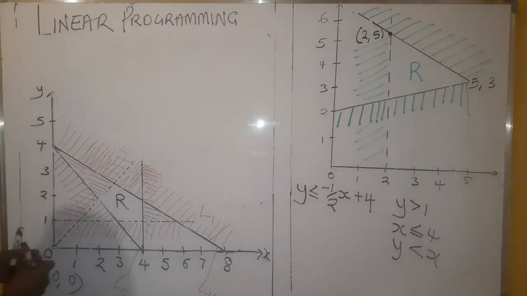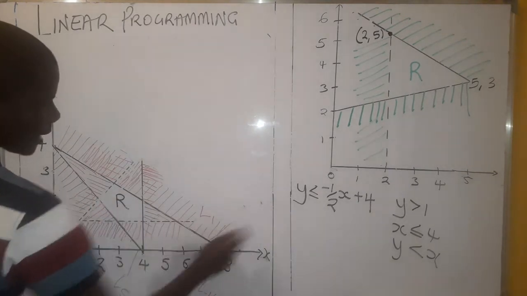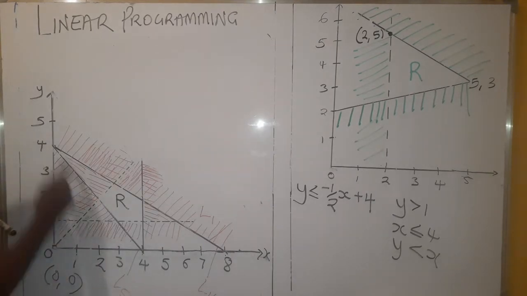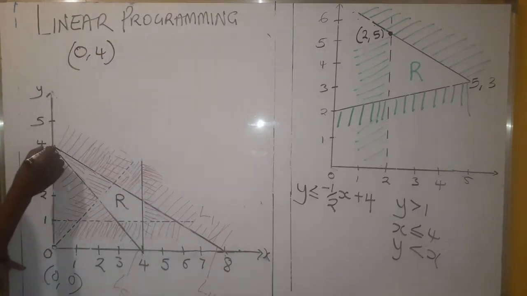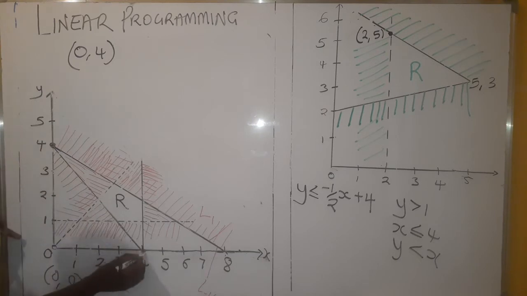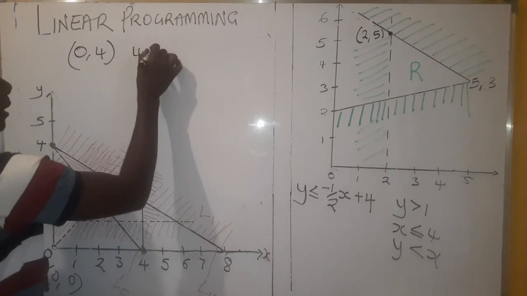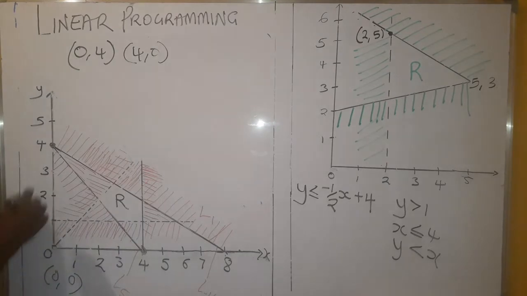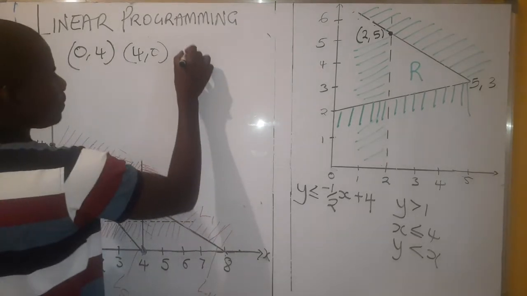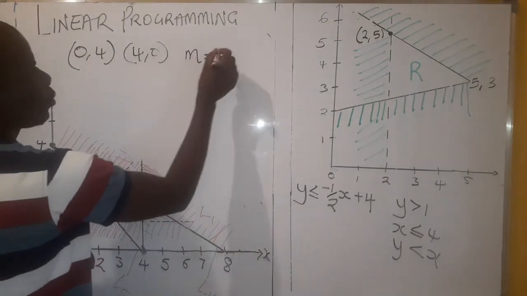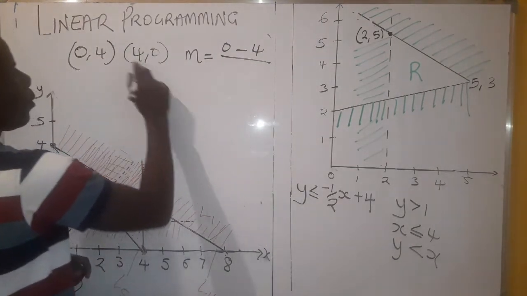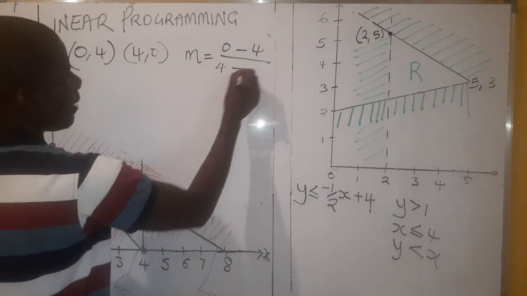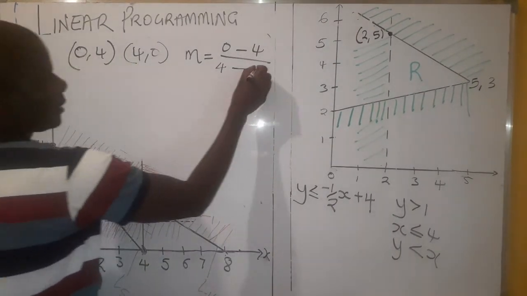Okay? The last one is not going to be a problem because it is the same process as this one. So what is it going to be? Again, we need to pick 2 points. Those 2 points are going to be 0, 4, which is this point, and the second point is this one here, which is 4, 0. Again, we need to find the gradient, the same process, which is m is equal to y2, which is 0, minus y1, which is 4, over x2, which is 4, minus x1, which is 0.